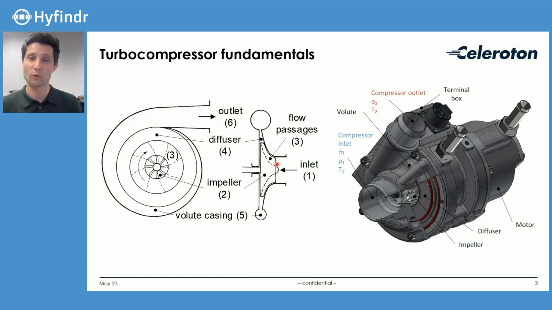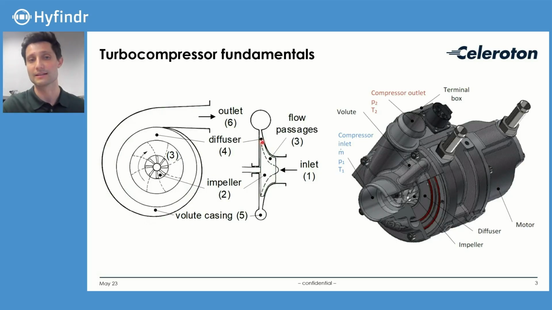We have a so-called flow passage, which is generated by the blades of the impeller, where we have a change in angular momentum of the flow and a change of total pressure. Across this flow passage, which is created by the spiral casing, the outer contour, and the impeller, around 60% of the total pressure increase is taking place.